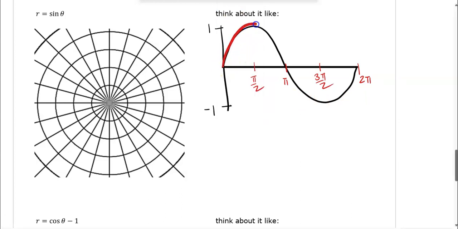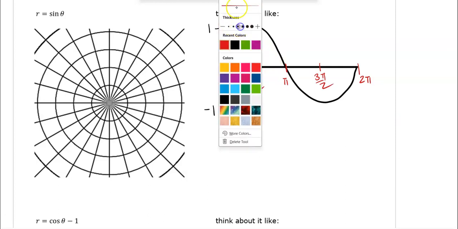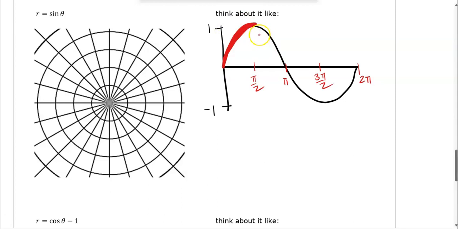And so here, I'm going to be going from 0 to pi over 2. If I do 0 to pi over 2, my polar coordinate here at pi over 2 is 1, pi over 2. And my polar coordinate here at 0 is 0, 0. 0 for my r, 0 for my radian measure.